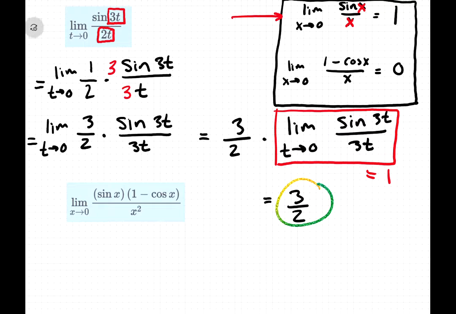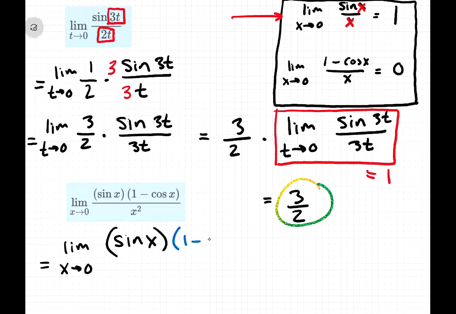So we have two x's on the bottom, x times x. So this is like the limit as x approaches 0. Well, we've got sine x. Let me switch to blue here. 1 minus cosine x. And instead of x squared, let's say x times x.